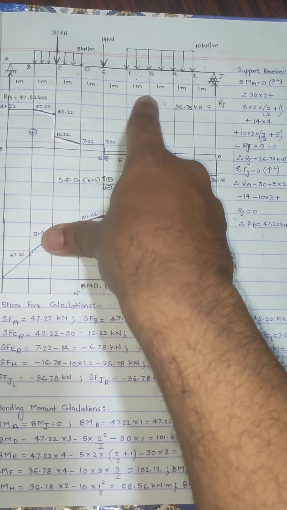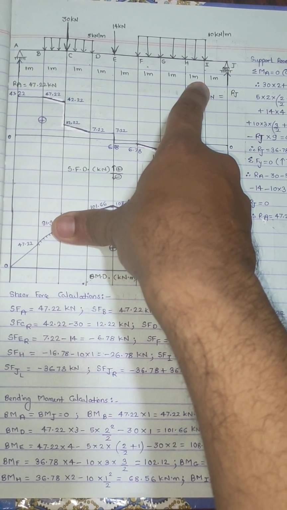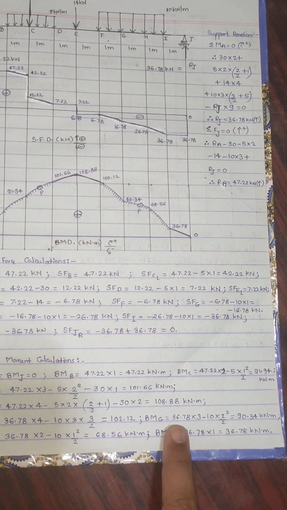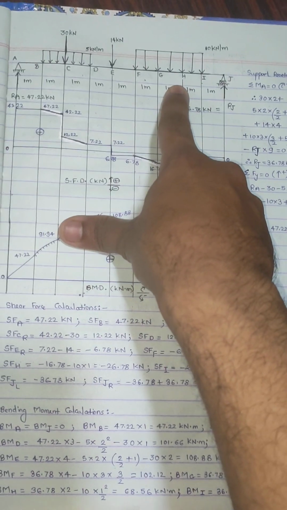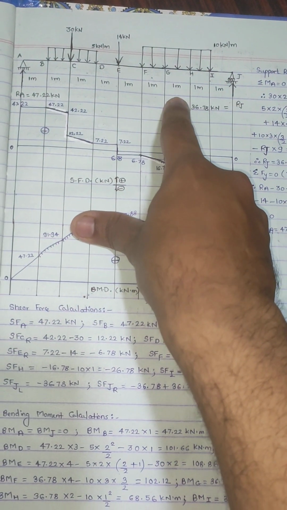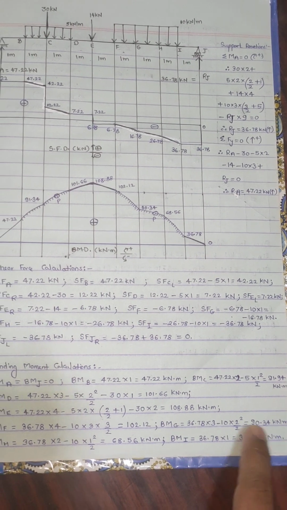To find out at G, same way, 36.78 multiplied with now 3 meter distance, so 36.78 into 3 minus, now this UDL is up to this 2 meter only, so 10 into 2 square by 2, that is 90.34.